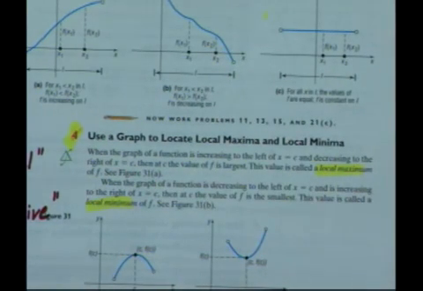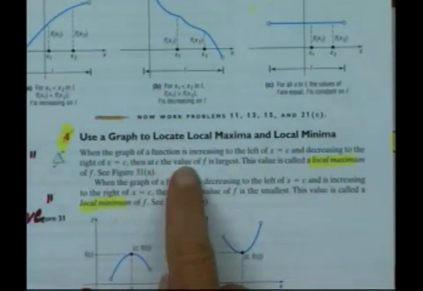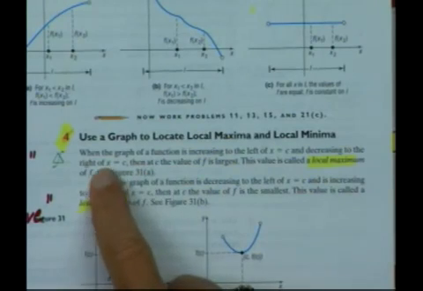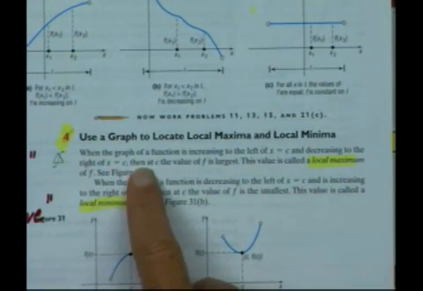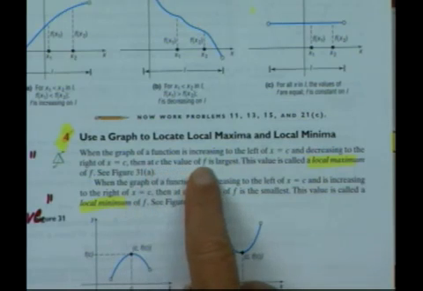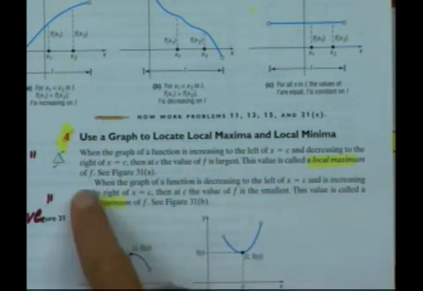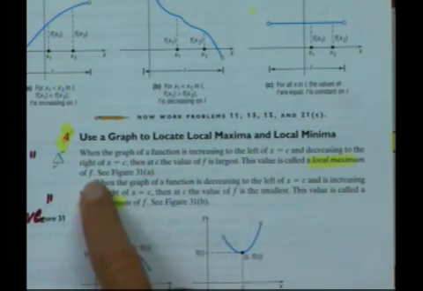So you've got to be all around that little point. Then at c, the value of f is largest. This value is called the local max.